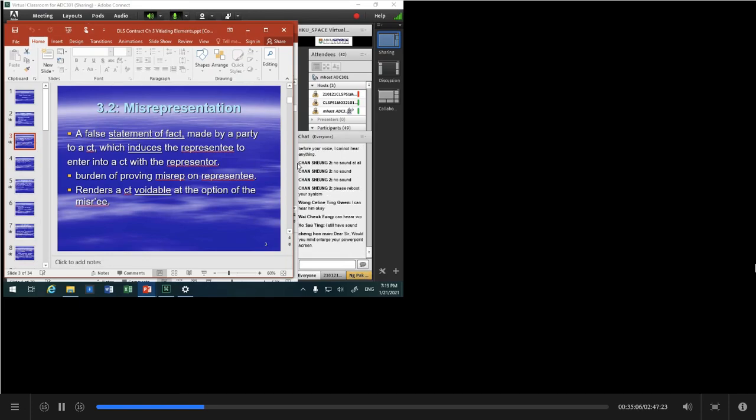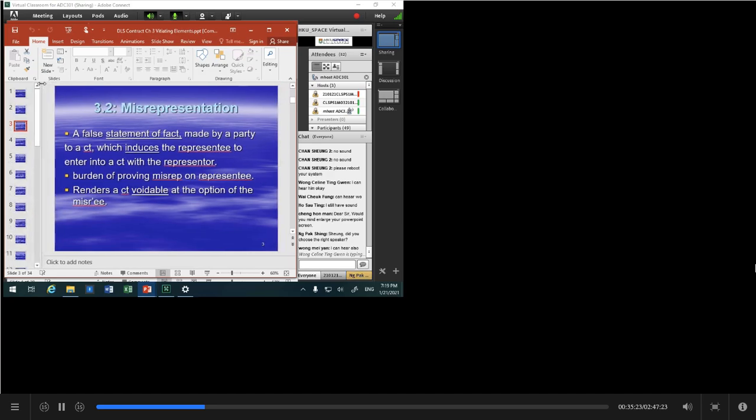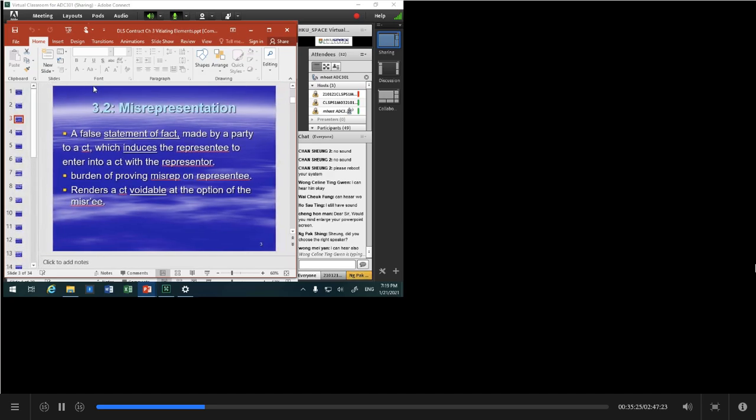So, Bissett and Wilkinson, a statement was made about the carrying capacity of a farm. Nobody knew because it hadn't been used for that purpose before. So a statement by one person was treated as a statement of opinion. So if the 2 parties have equal knowledge and experience, a statement by one will be treated as a statement of opinion.